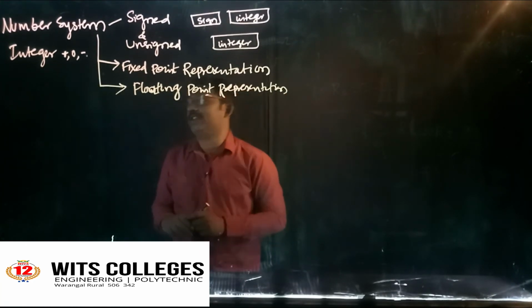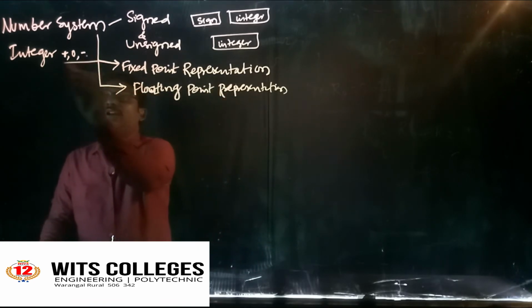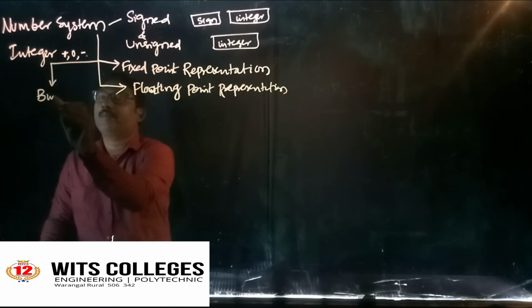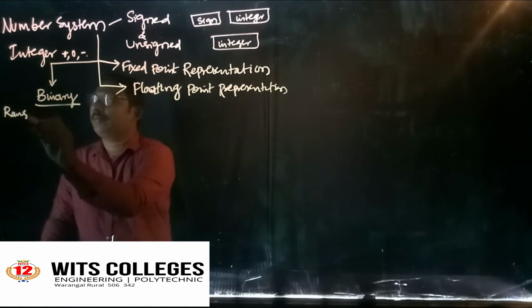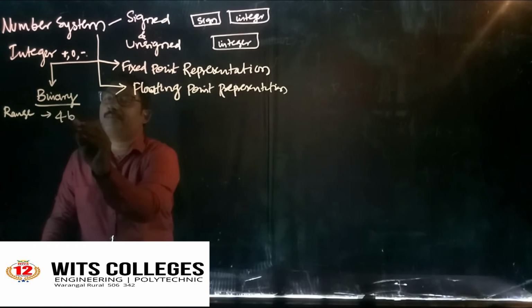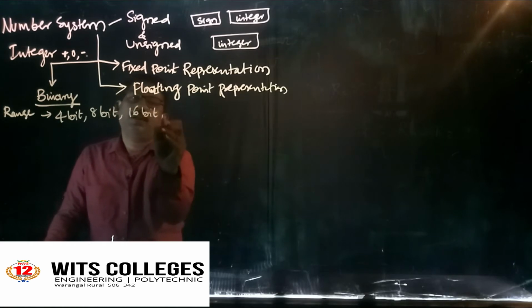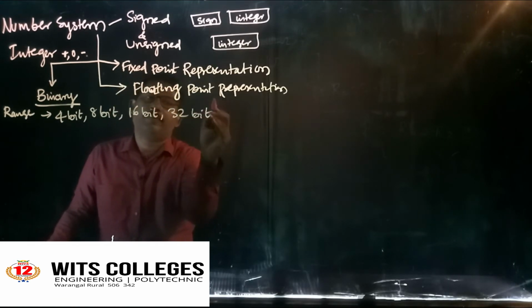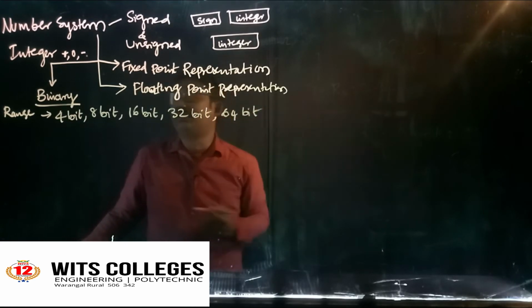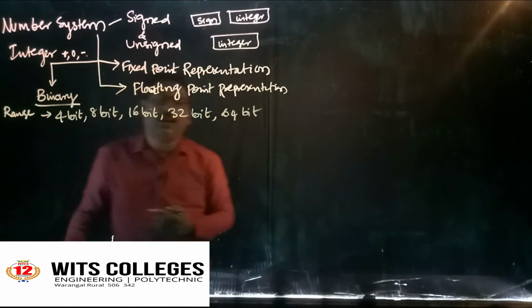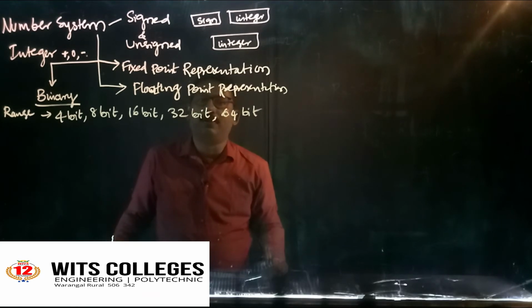Then we come to fixed point representation for binary numbers. This representation is based on some range: 4 bit, 8 bit, 16 bit, 32 bit, even 64 bit, and it goes on like that.